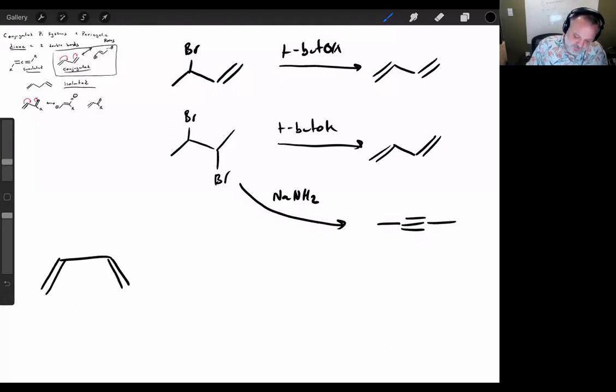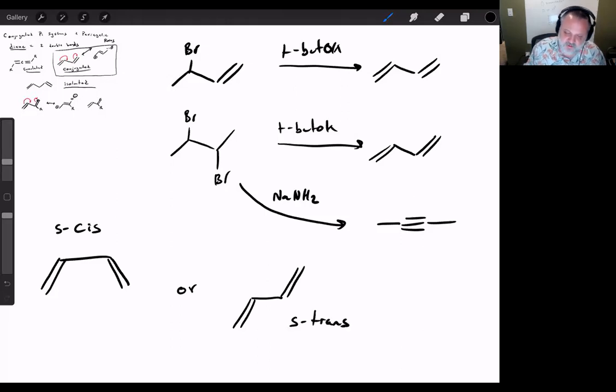So let's think about this thing as well. I could have it in this configuration, or I could have it in this configuration. This is called s-cis, and this is called s-trans. In other words, cis-like and trans-like. Can you imagine if one of these is more stable than the other?